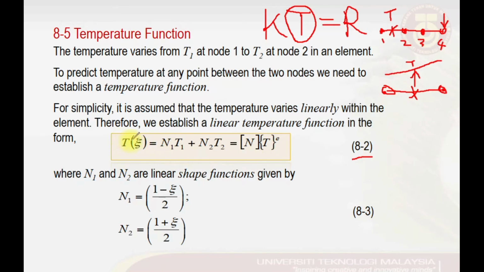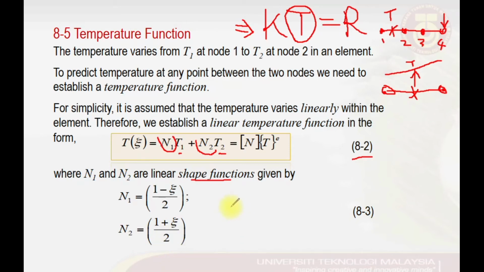It says that the temperature field, which is written in the natural coordinate system, is equal to n1 t1 plus n2 t2, where t1 and t2 must first be calculated from the system of linear equations. n1 and n2 here are just the interpolation coefficients, known as the shape functions, and given as equation 8.3 here, where n1 equals (1 minus z) divided by 2, and n2 equals (1 plus z) divided by 2.